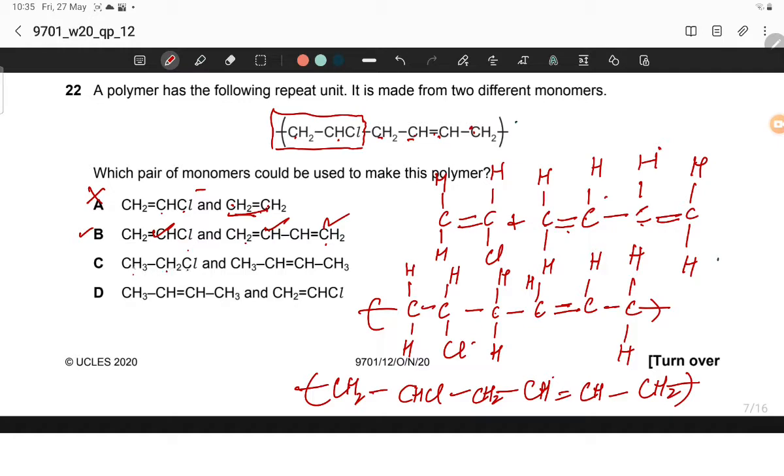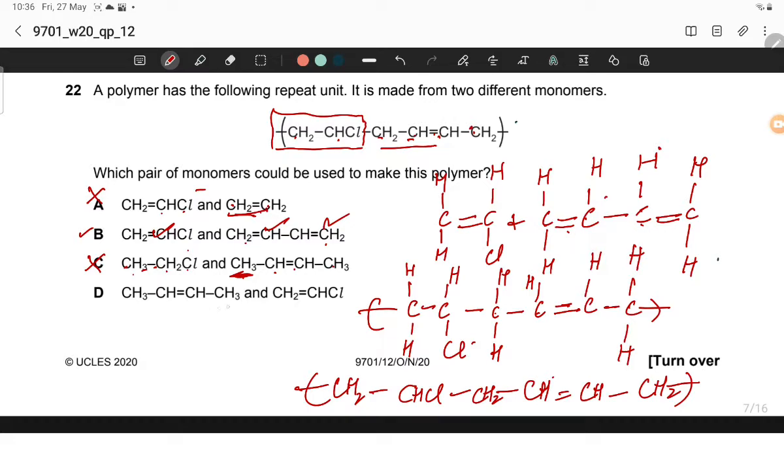CH3 CH2 Cl. There is a single bond in between these two carbon atoms, so it must not be a monomer. And CH3 CH double bond. Over here it is CH3, but in this there is no CH3, so it is also not correct.